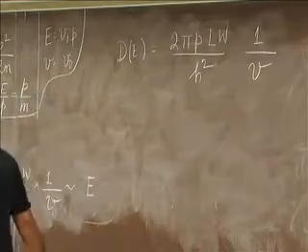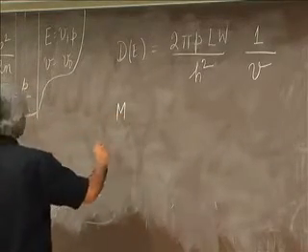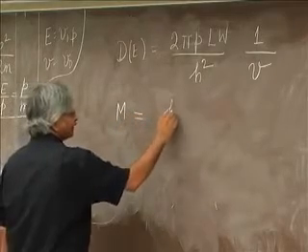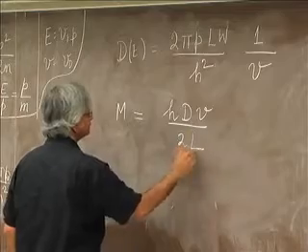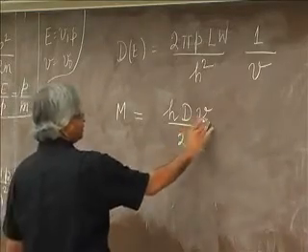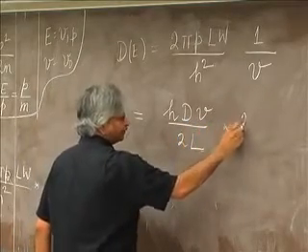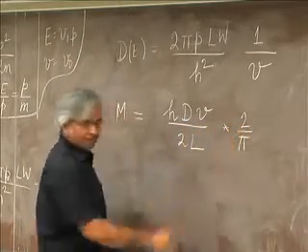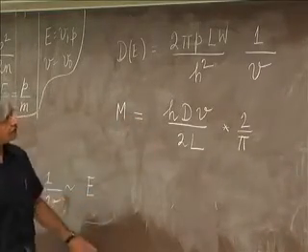Okay. And what we are trying to find is what is m. And m is equal to h dv over 2L. And you know, it's supposed to be this vz. So when you average it, I think you get 2 over pi. Not sure if I'm remembering that factor correctly. We can work it out, but for the moment, let me just assume that.